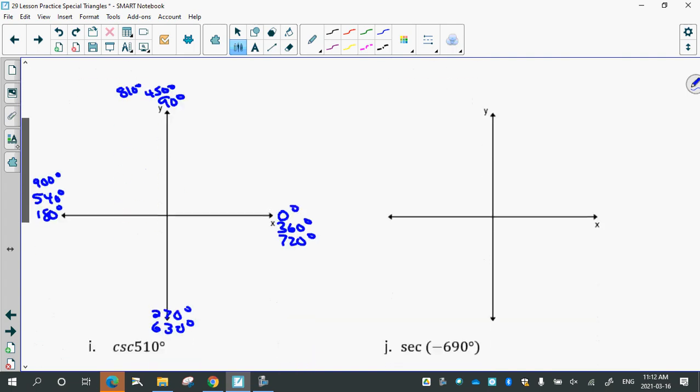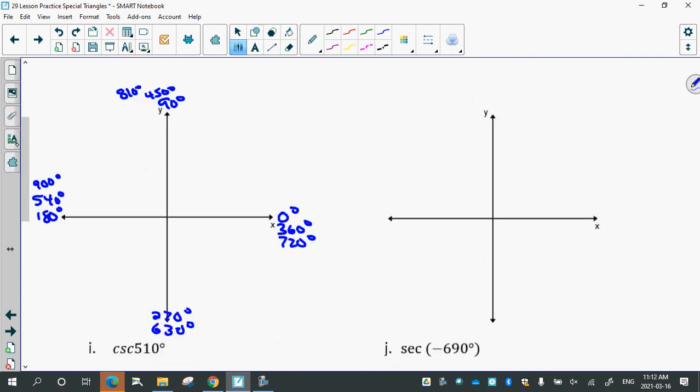And we're going for 840, so it's going to be between 810 and 900. If you don't need it, then you're good. So it's going to be the second quadrant, closer to the y-axis.